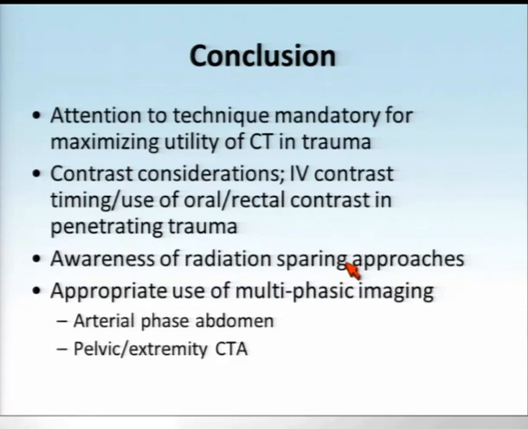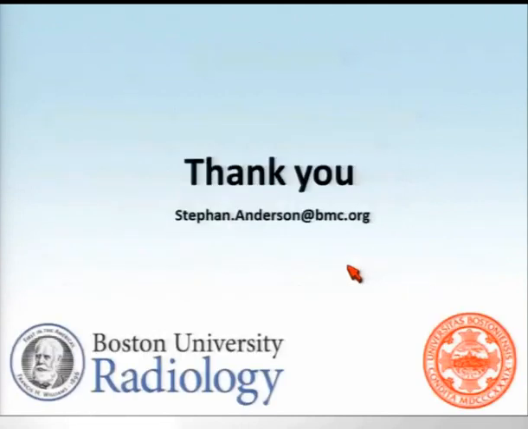Be aware of some radiation sparing approaches, and consider the appropriate use of this multiphasic imaging approach. Think about using arterial phase imaging of the abdomen, at least for select patients, the more severely injured multi-trauma population, and think about the integration of pelvic and extremity CTA. It's readily done with these newer generations of CT machines. So with that, I thank you for your attention.